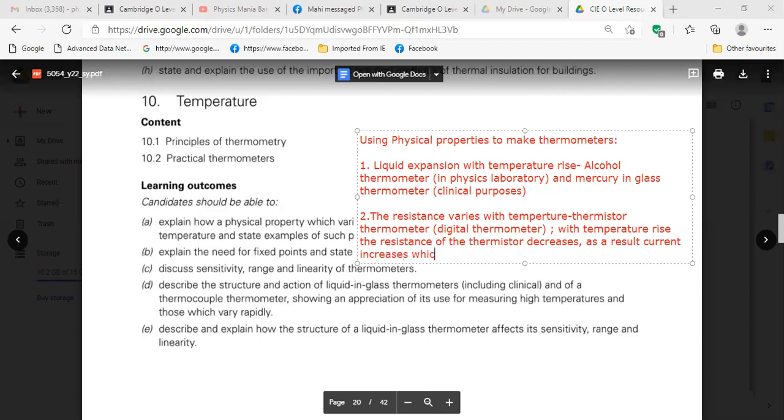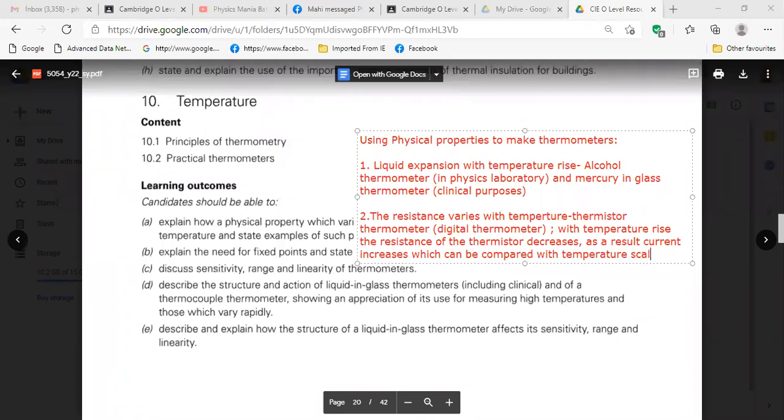which can be compared with the temperature scale.